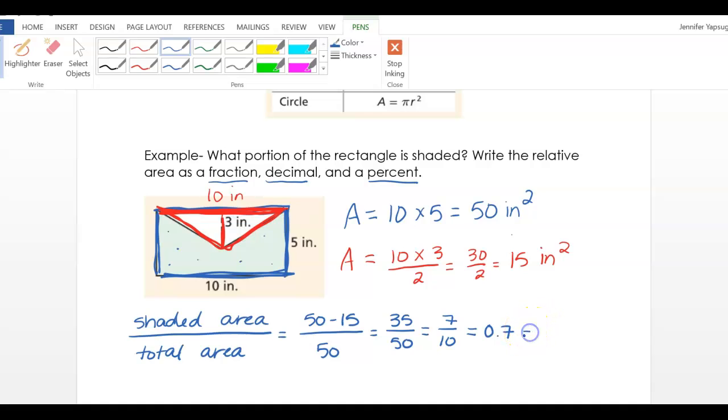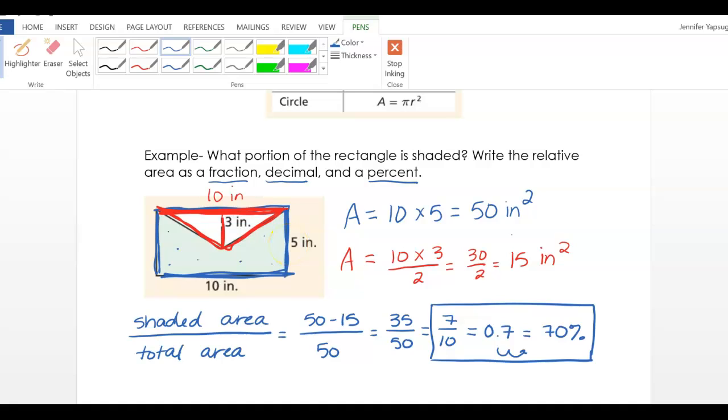To change this to a percent, I just multiply my decimal by 100, which means I move my decimal point 2 spaces to the right. 1, 2. That gives me an answer of 70%. That would be my relative area, or my probability of landing somewhere in this shaded region.